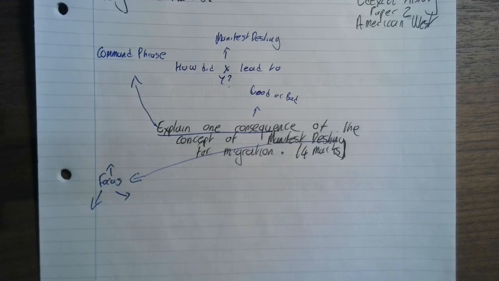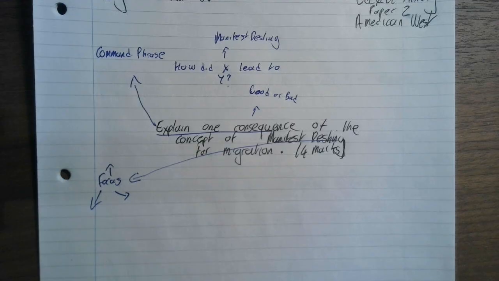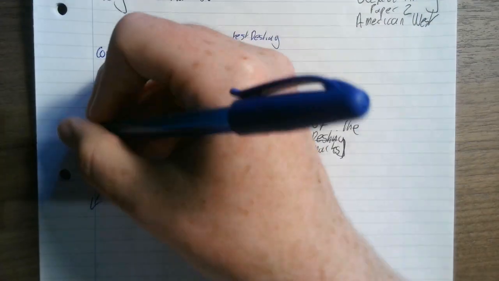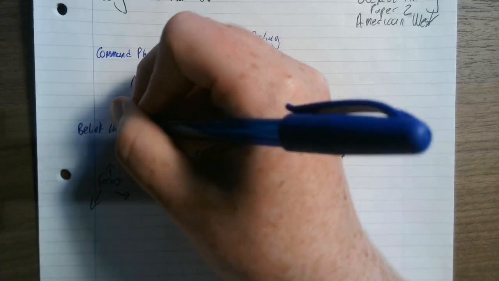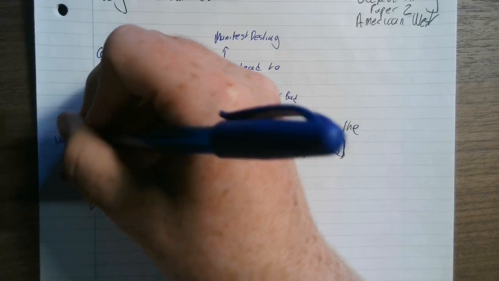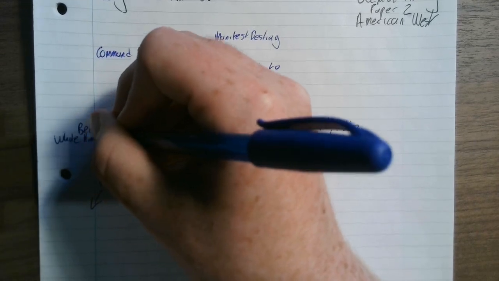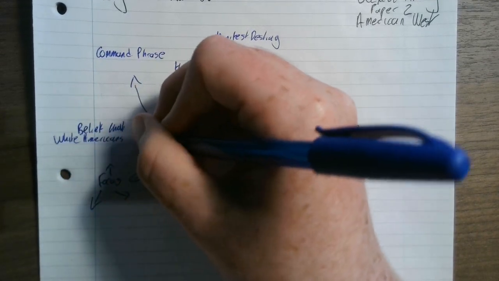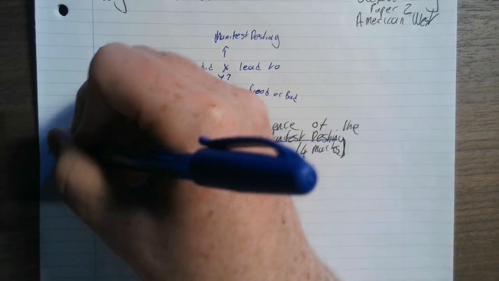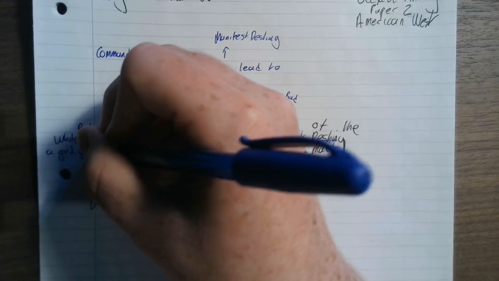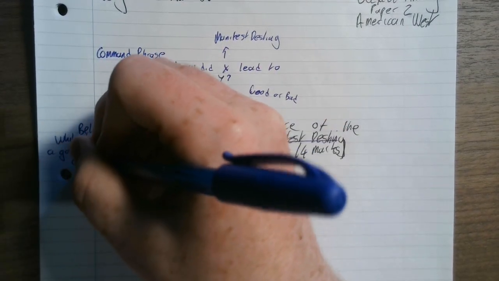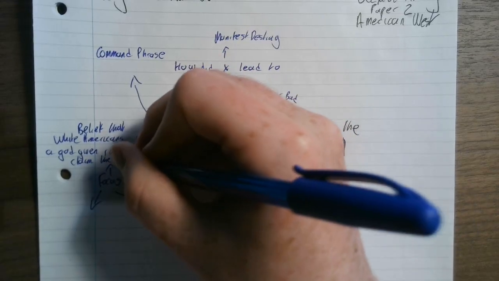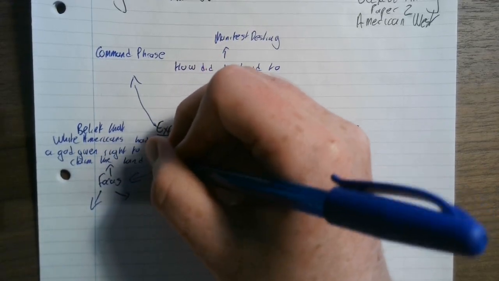Okay, right, let's start with a really simple thing: defining what manifest destiny is. Manifest destiny is the belief that white Americans had a God-given right to claim the land in the West.